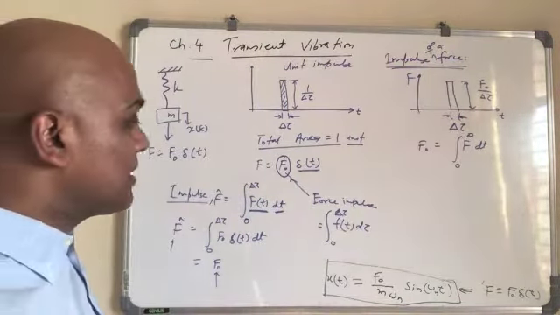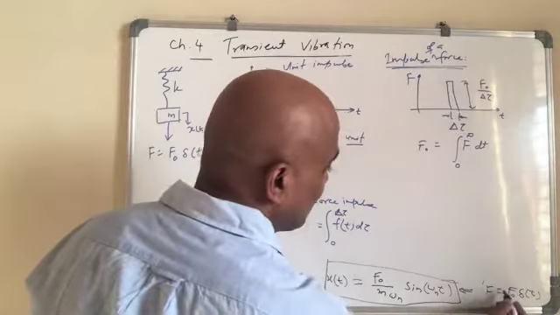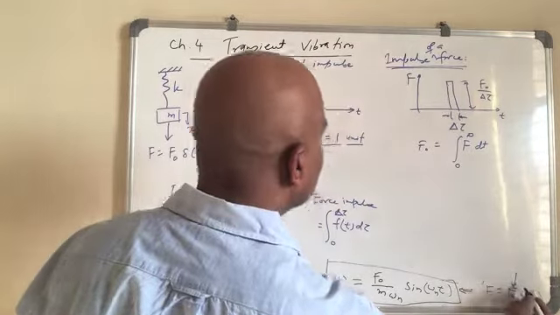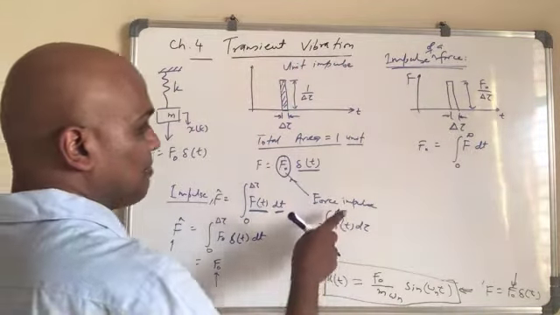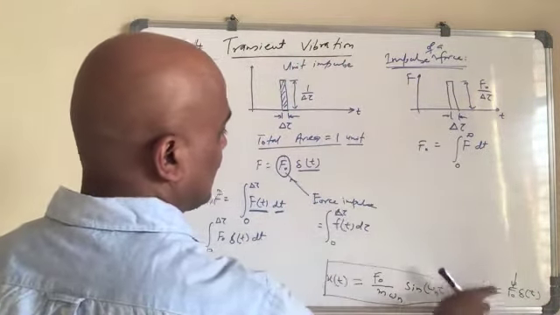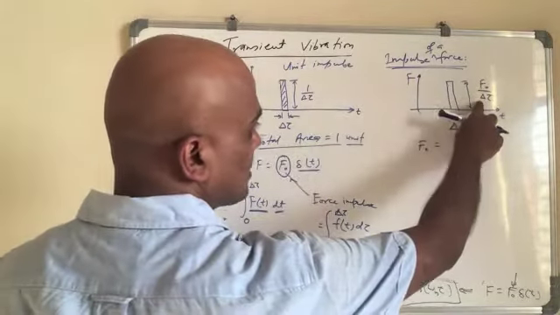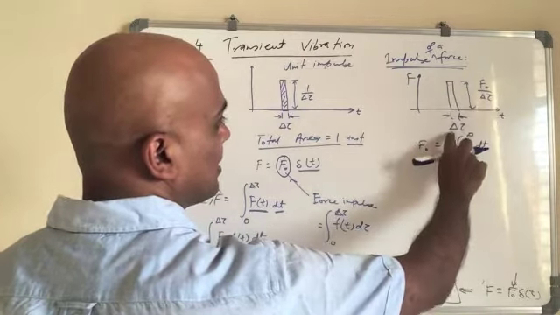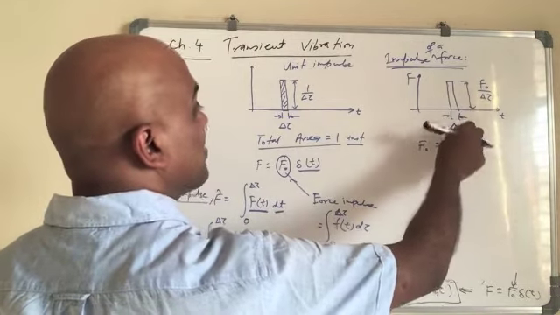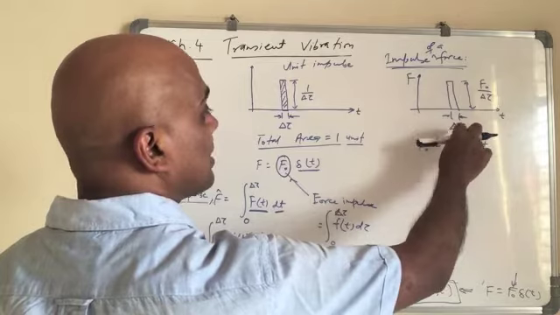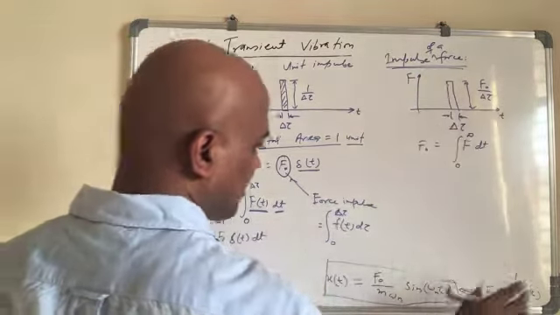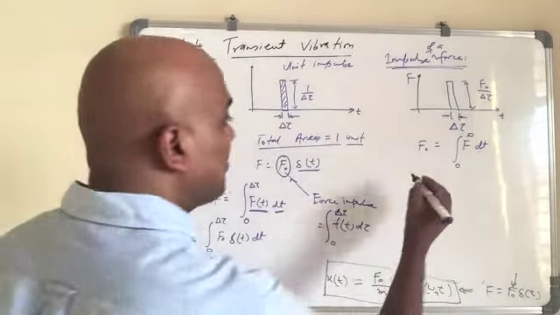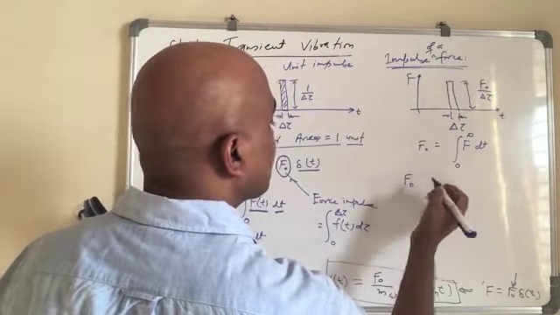So when you say F equal to F naught delta t, F naught represents the force impulse, that is, a force of magnitude F naught over delta tau being applied for delta tau time.